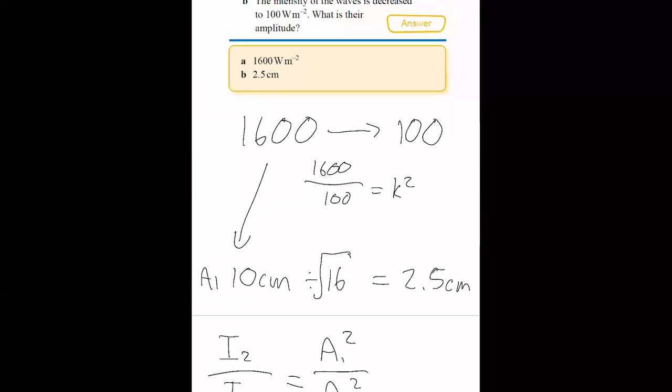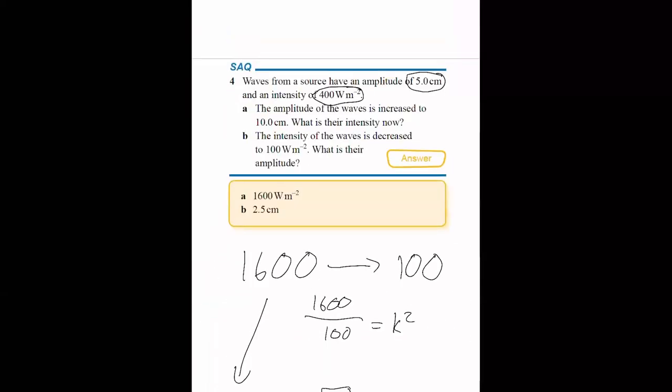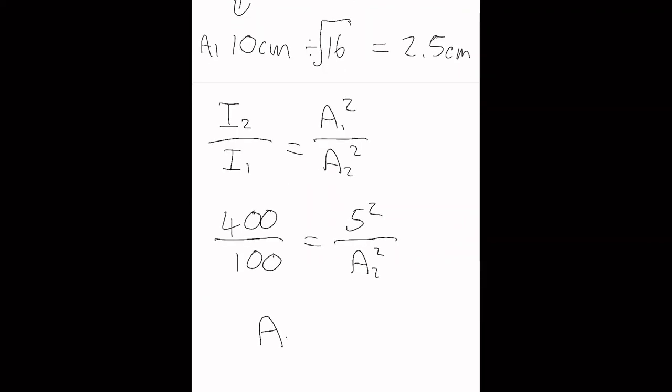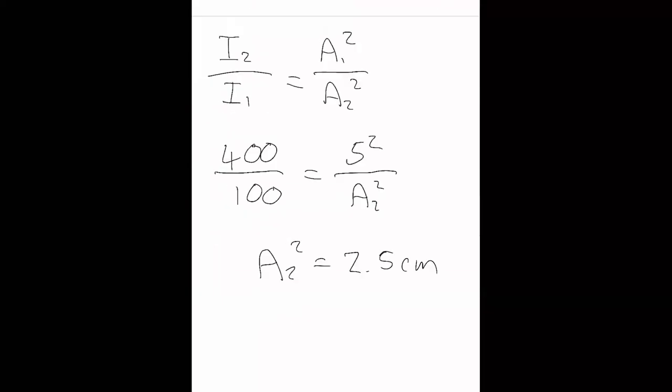Then we have to start with the original amplitude, and the original amplitude was 5. So we're saying start with the original 5 squared and solve for amplitude 2 squared. So if you solve for amplitude 2 squared, you'll get 2.5 centimeters. Cool. So I'll leave you to do that calculation on your own in terms of solving for A2 on its own. But if you started with the 1600, you could have done exactly the same thing.